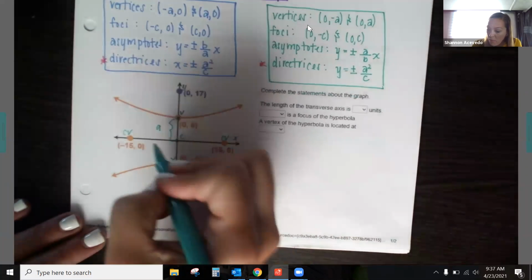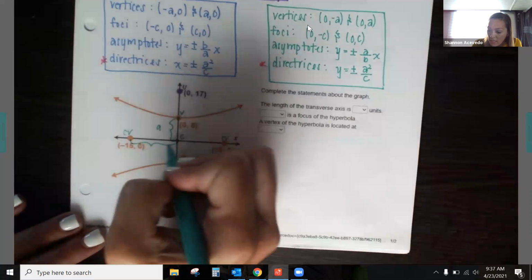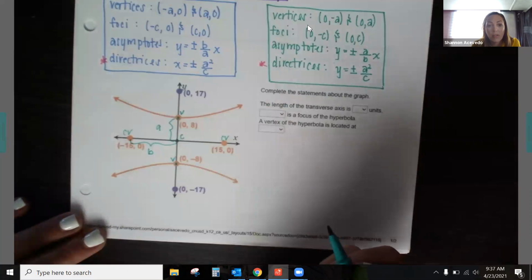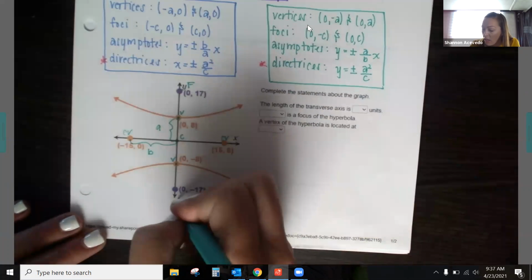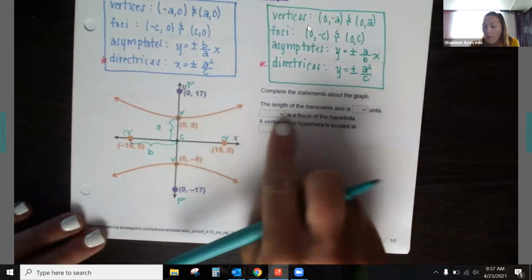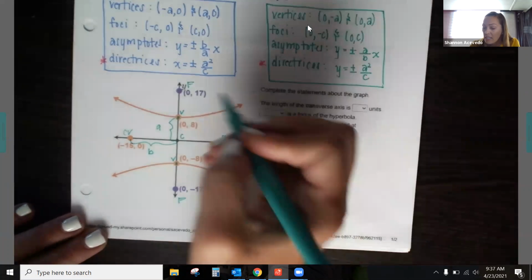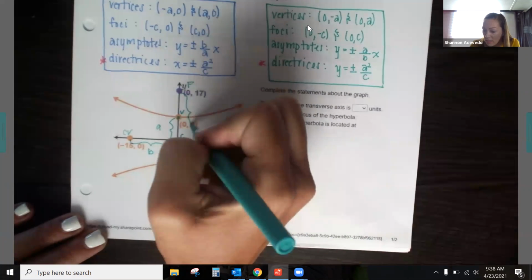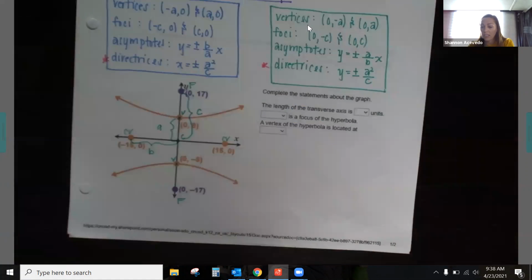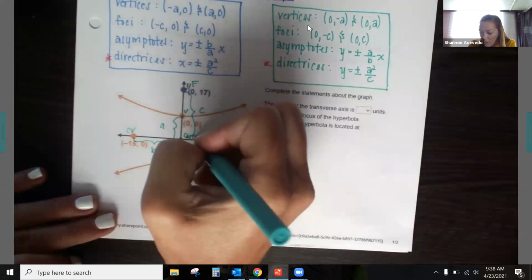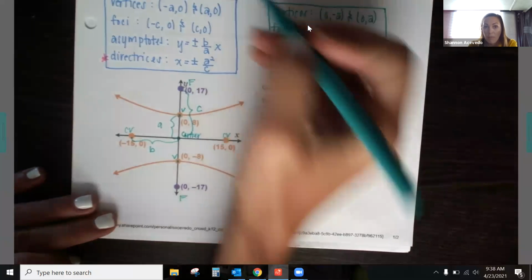The distance from my center to my co-vertex is my B value. And I'm assuming they're going to have those as my foci, the focus of the hyperbola. The distance from my center to my focus is a C value. Different than this, I labeled this center as my C, so this is just C for center, not that C value up here.